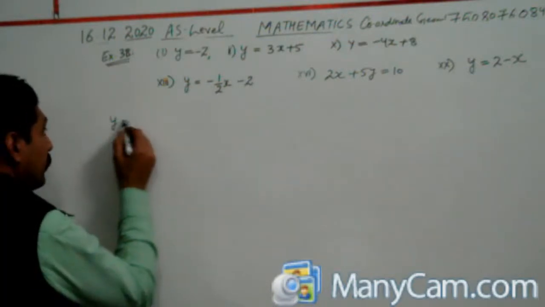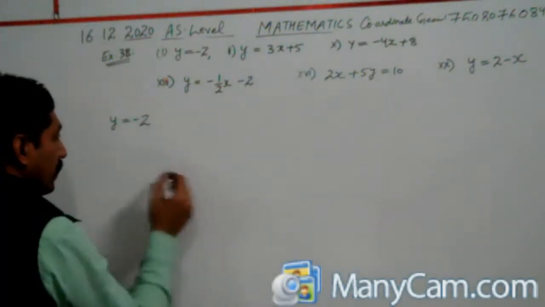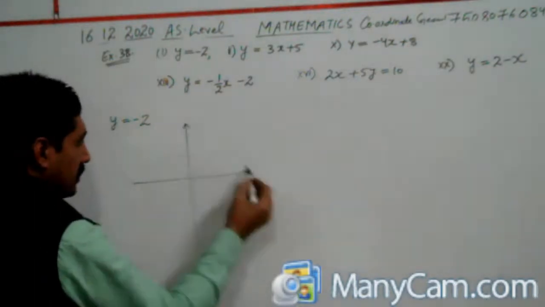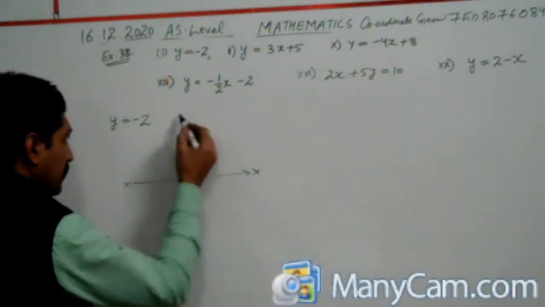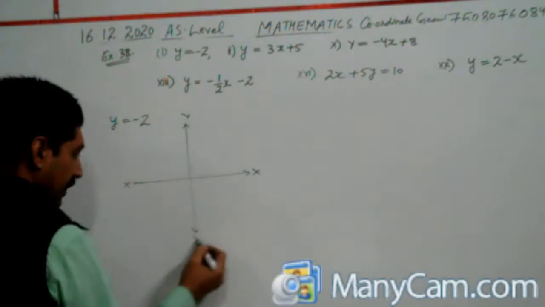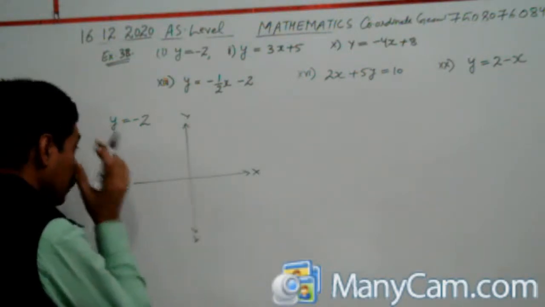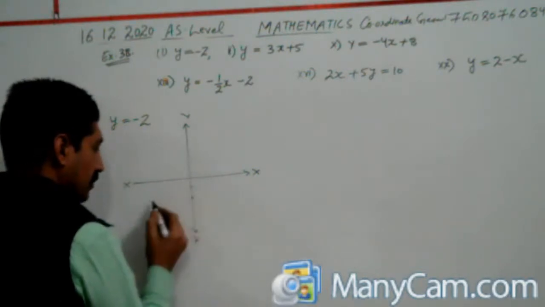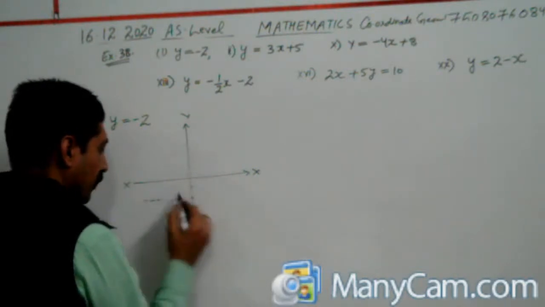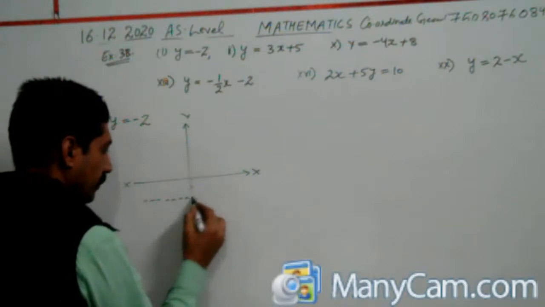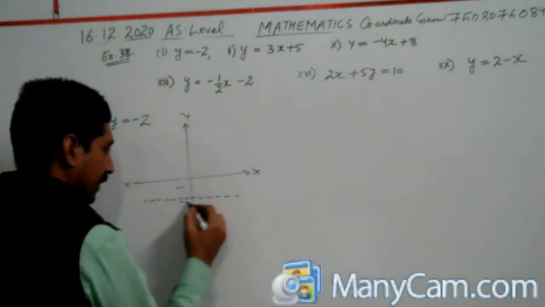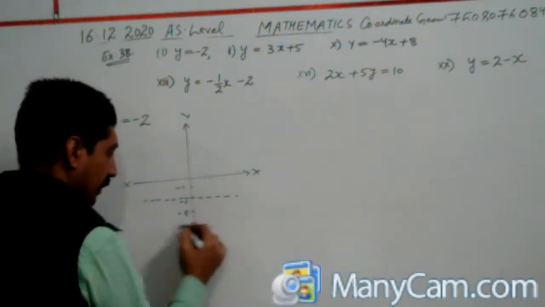Y is equal to minus 2. If we have a graph, this is XOX dash, this is YOY dash. This dotted line is the line y is equal to minus 2, because here it is minus 1, minus 2, minus 3, minus 4.